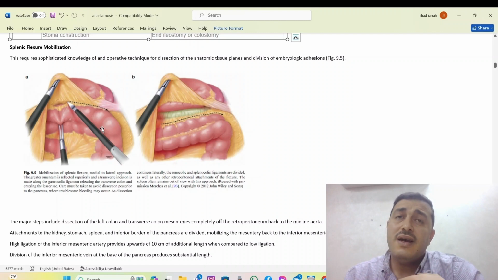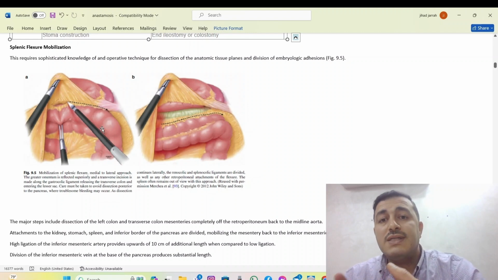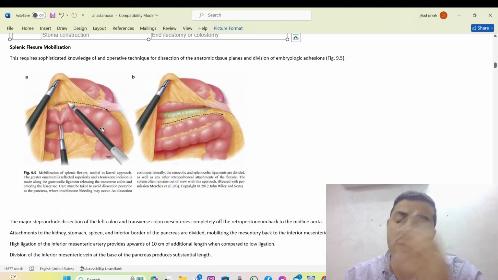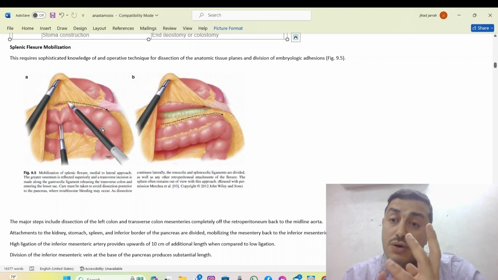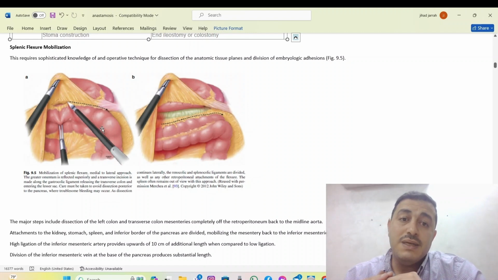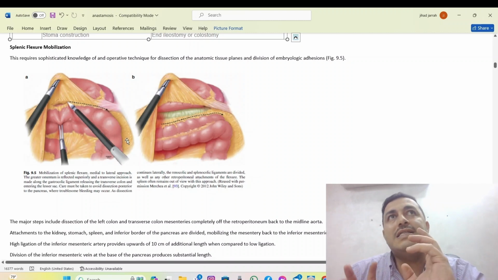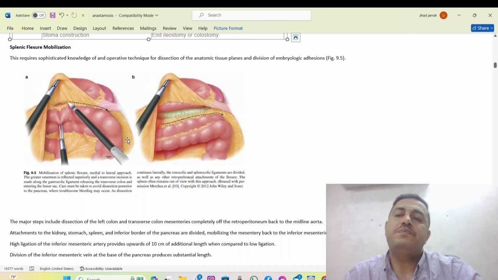They said that if the bowel can reach past the symphysis pubis, the anastomosis can be constructed in a tension-free manner. This is if we are talking about the colon. If we are talking about the small bowel, they said that there should be a 5 centimeter overlap between the two segments.